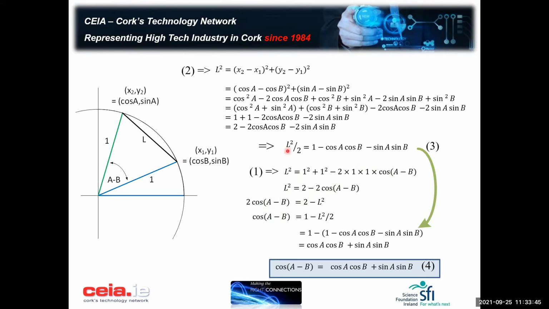But we have L squared over 2 worked out in terms of the single angle functions, so we can replace this L squared over 2 by this here. The ones cancel out, these signs invert, and we end up with the desired result, cos A cos B plus sin A sin B. And that is the formula we were trying to prove.